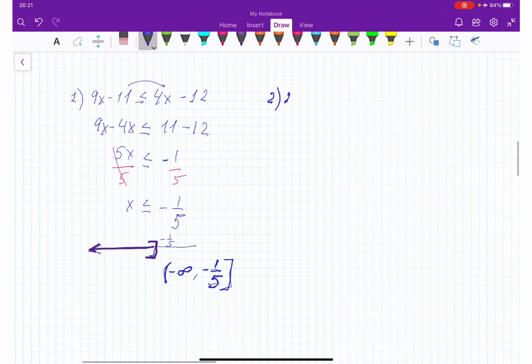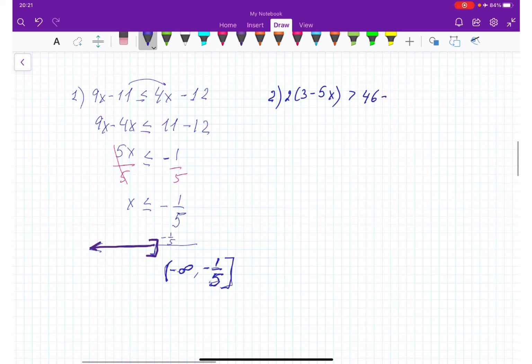Twice 3 minus 5x greater than 46 minus 6x.